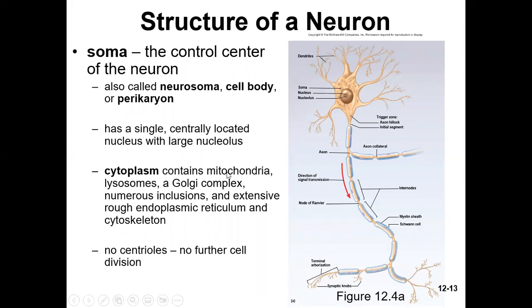Within the cytoplasm, we will find mitochondria and lysosomes and a Golgi complex, numerous inclusions, and an extensive rough endoplasmic reticulum and cytoskeleton. Within the cell body of a neuron, we're not going to find centrioles because they don't reproduce.